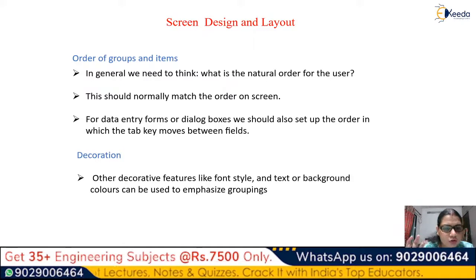So this should normally match the order on the screen. This is what I said. If the items are ordered link-wise, with the link provided as a name, a label, or a command button, and they are arranged sequentially, the user will click on whatever the user wants.